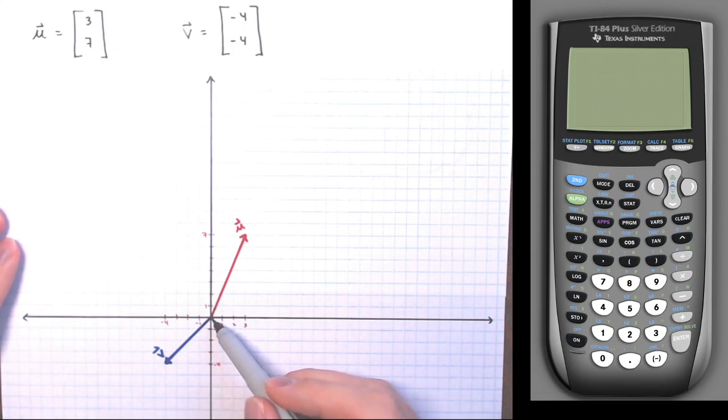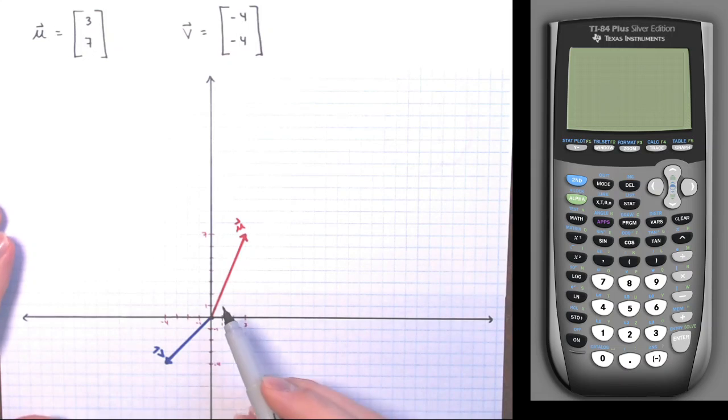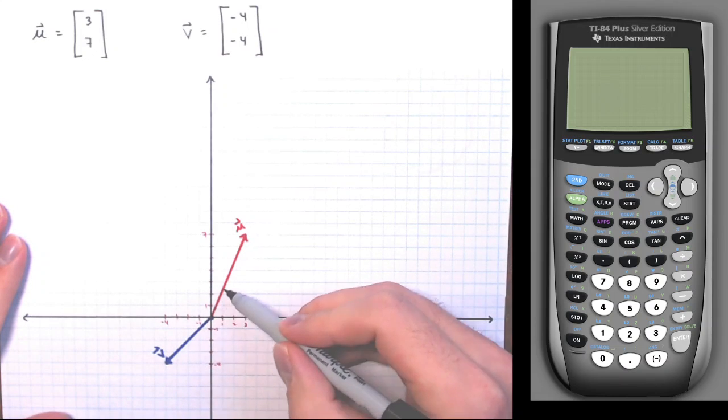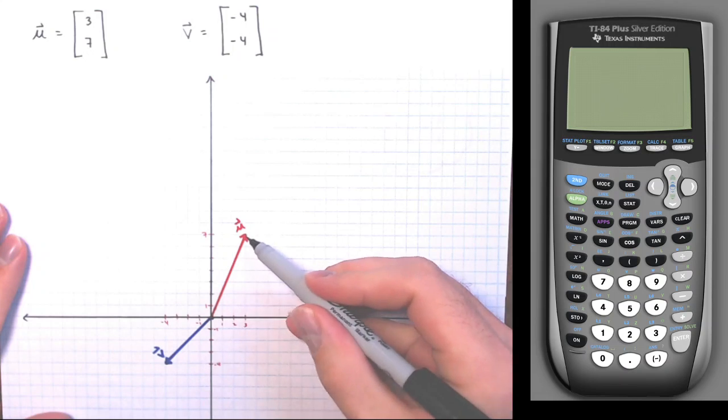So you see vector U in red is 3 right, 7 up, and every block here, the distance between squares, is 1 unit. So I've got 3 right, 7 up. There's vector U.